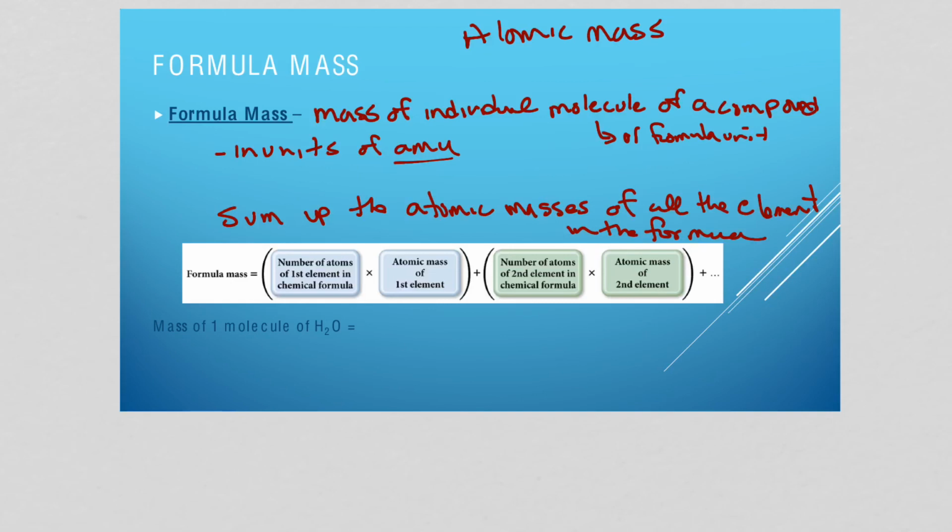So the formula mass is going to be the atomic mass of the first element, multiplied by however many of that element we have. If we have multiples of an element, we have to take that into account. And we just add that to all of the elements. We essentially take the mass of all the elements in our formula and add them up.